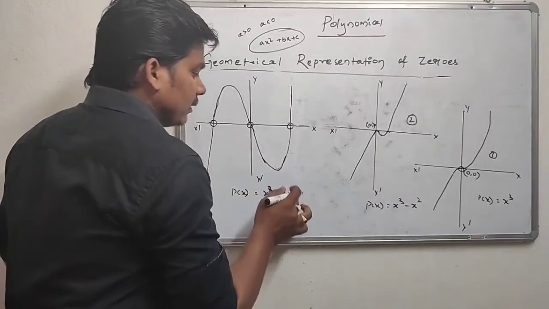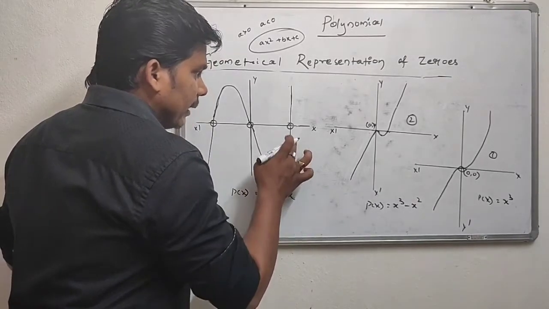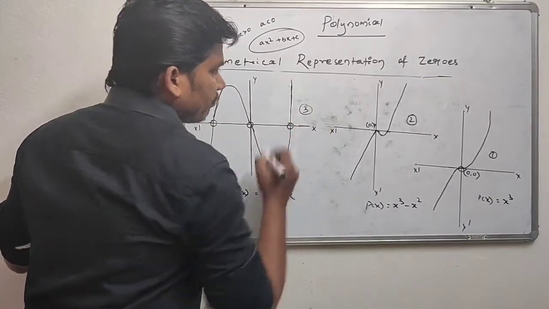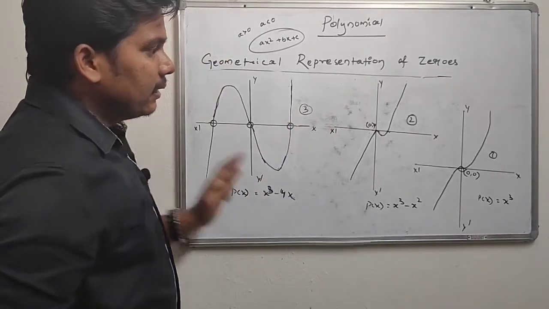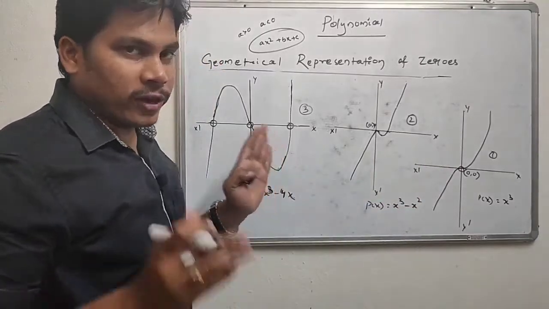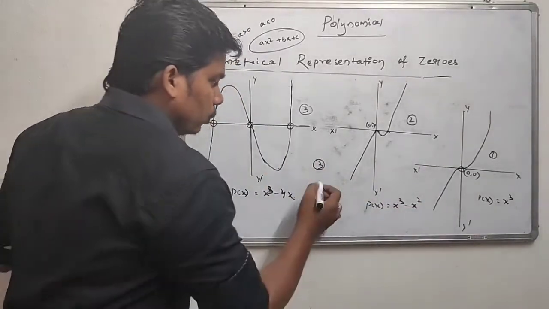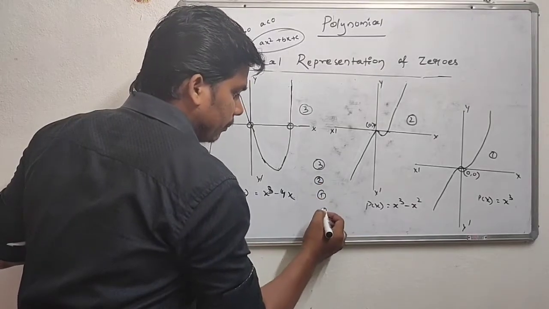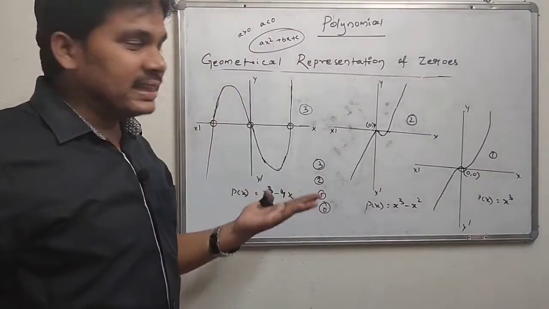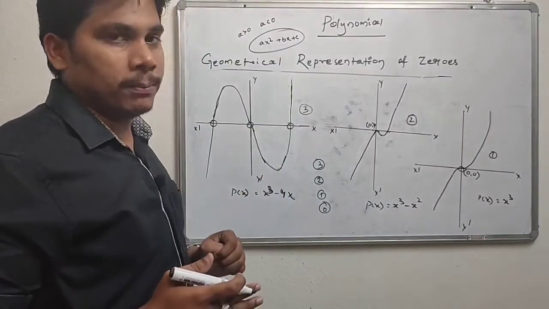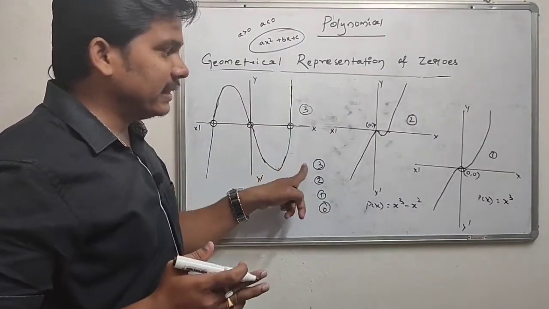Means here the zeros are 3. Now we can easily say the maximum number of zeros for a cubic polynomial is 3. It may be 2, it may be 1, or it may be 0. Means for a cubic polynomial, at most we have 3 zeros.